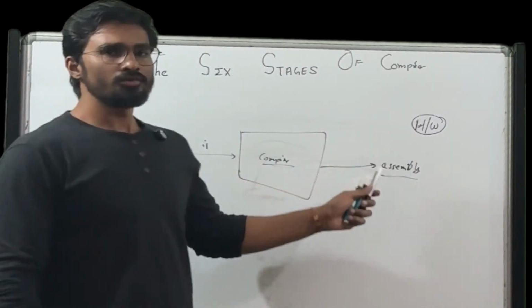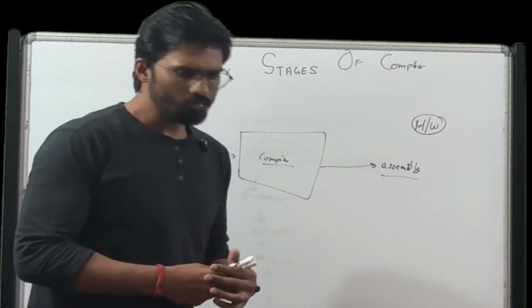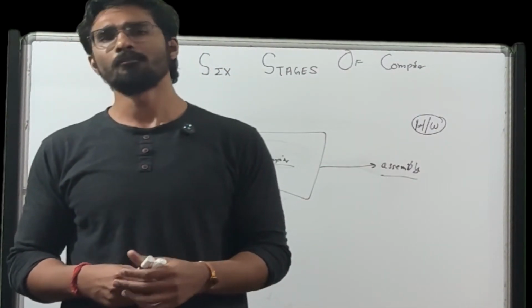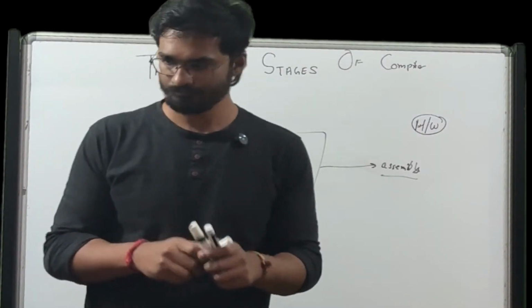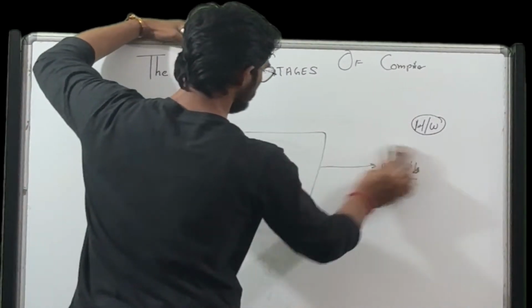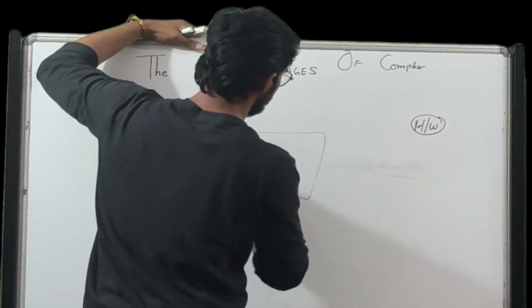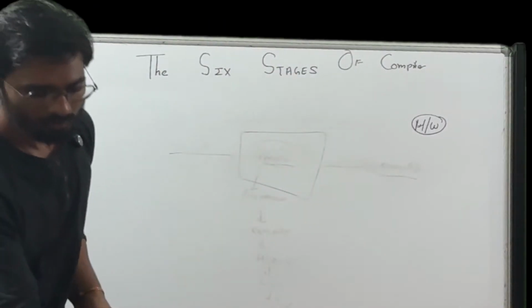How does the compiler do that? We will discuss it in this video. So basically, currently for everyone who is here, the compiler is a black box. We will try to open it. And we will also see practically how each stage is connected.